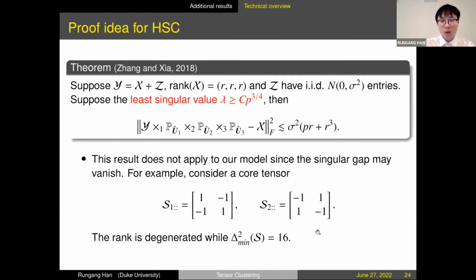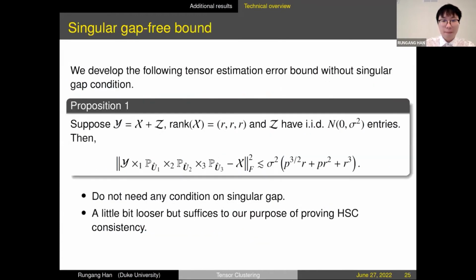So to address this issue, we develop a new tensor estimation bound, which is free of the singular gap. In this proposition, we do not even need the least singular value to be greater than 0. We have this singular-gap-free bound, and this bound can be directly used for our purpose.